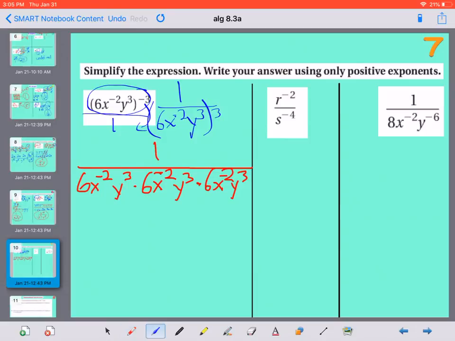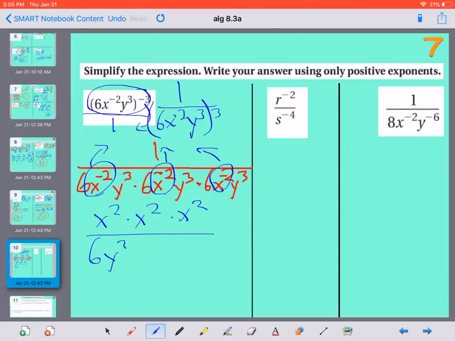Now I see a negative exponent on our x, so I'm going to take that and move it up, take this one and move it up, and take this one and move it up. So then we would have x squared times x squared times x squared over 6 times y cubed, 6 times y cubed, and 6 times y cubed.